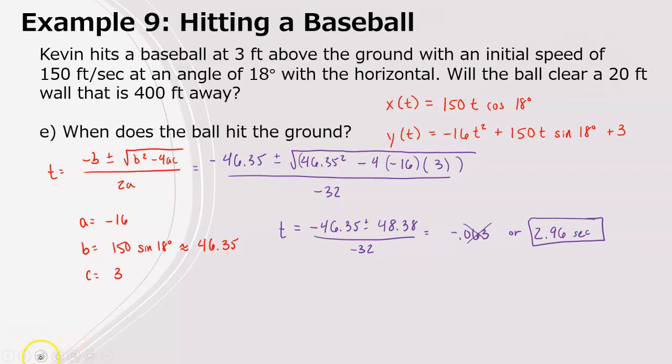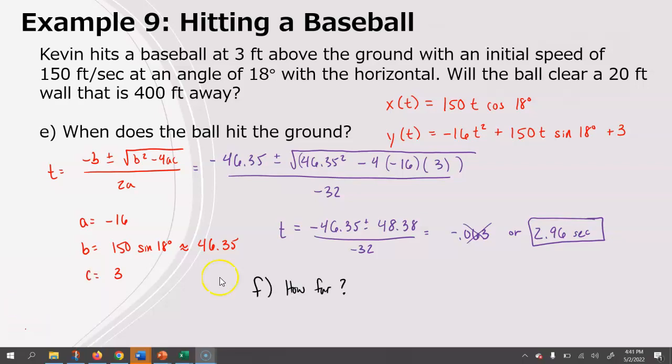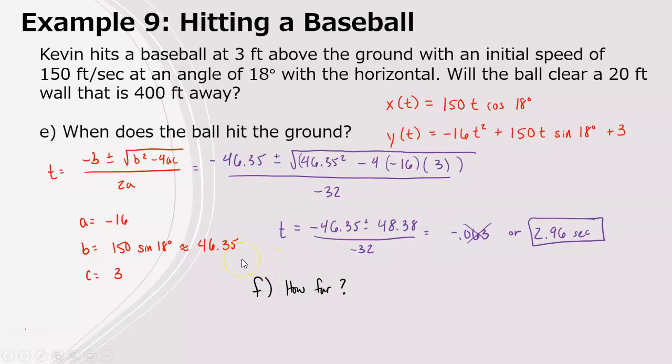Now, they didn't ask us this, but it will be helpful in your homework assignment to also answer this question of how far. How far did it travel when it hit the ground? Since we're using the question of how far, that's referring to the horizontal distance. So we're going to use that equation, where it was 150 times the time times the cosine of 18 degrees.